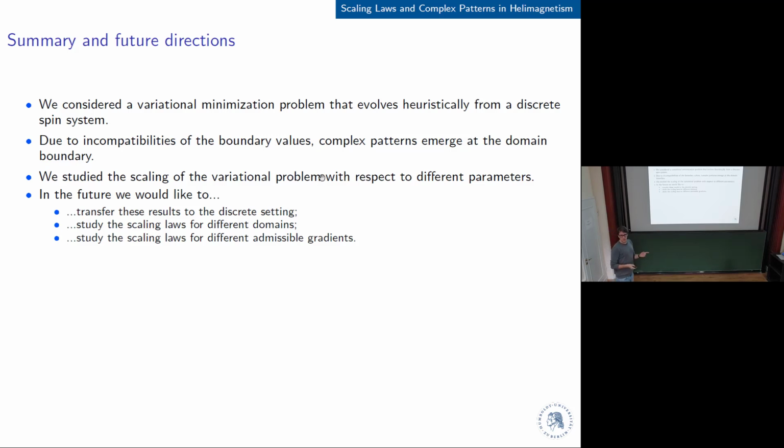So the first thing will be to try to transfer the results that we have in the continuum now. We did this whole continuous approximation to learn something about the discrete. And of course, what we learned in the continuous setting, you can transfer to the discrete. However, there are more regimes appearing in the discrete, because there are situations apparently where the continuous approximation is not really valid. It corresponds essentially to, say, singularities or topological defects in the spin field.